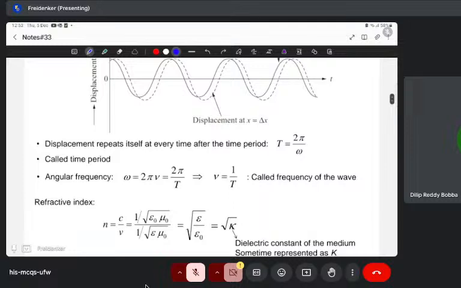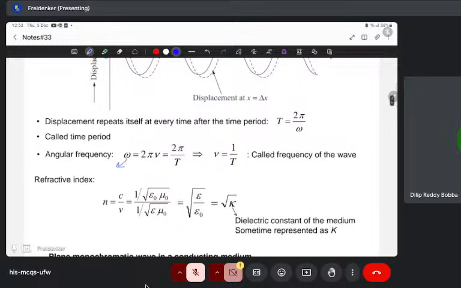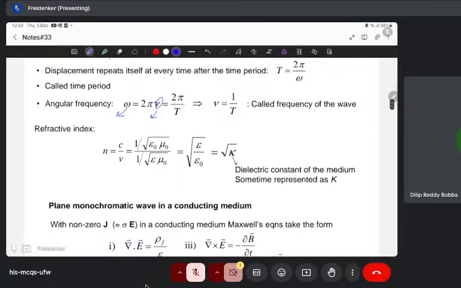We're trying to find the time period. Time period, fine. Omega is angular frequency. Mu is frequency. Refractive index is the ratio of speed of light in vacuum to speed of light in a medium.